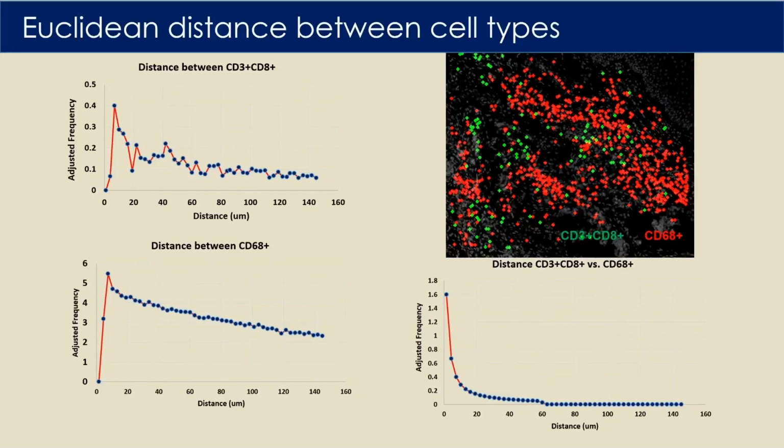From this, it looks like CD3, CD8 cells are more scattered in distribution, whereas CD68 cells are more uniformly located from each other. We also studied the distance between CD3, CD8, and CD68 cells as shown on the right. From here, it seems like CD3, CD8 cells are usually located to CD68 cells at close distances.